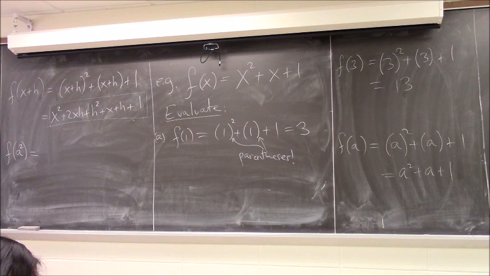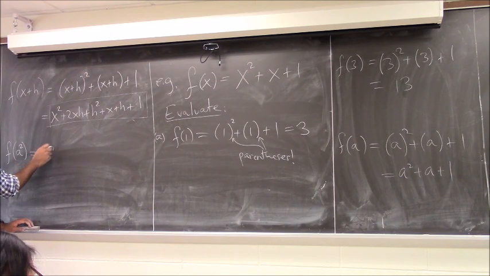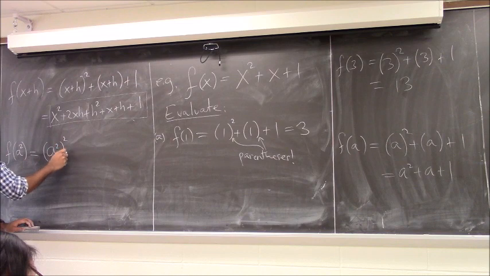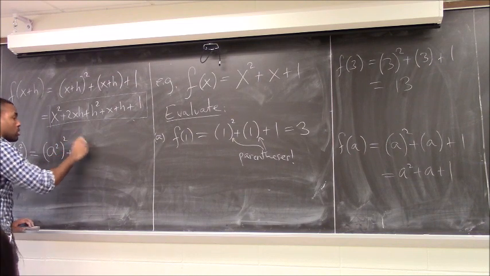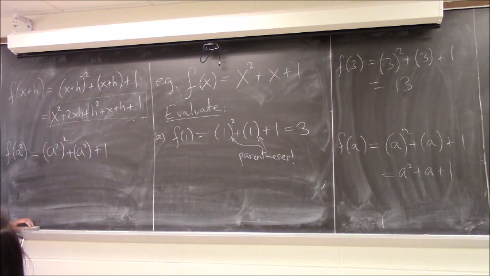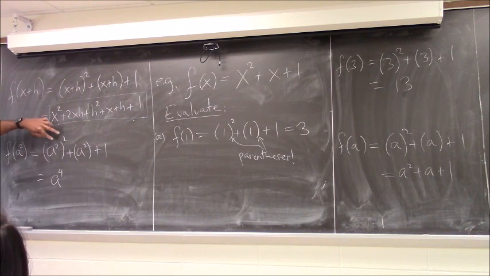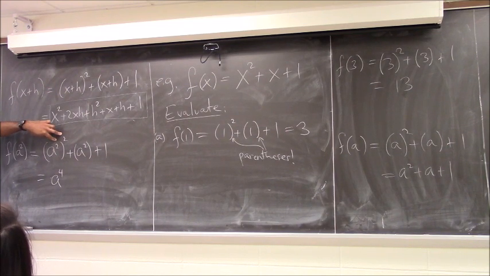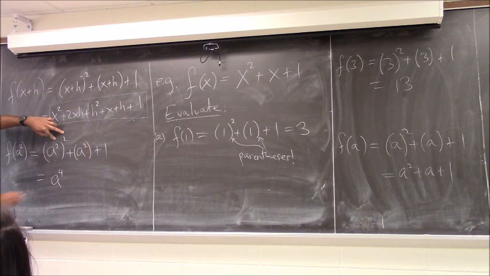We plug in a squared. (a squared) squared, plus a squared plus 1. What's a squared squared? A to the 4th. I multiplied these two. It happens to be the same as 2 raised to the 2, but that's not how you do it, right? We'll talk about laws of exponents again later, but when you have something to a power raised to another power, you multiply the powers, right? So that's 2 times 2.